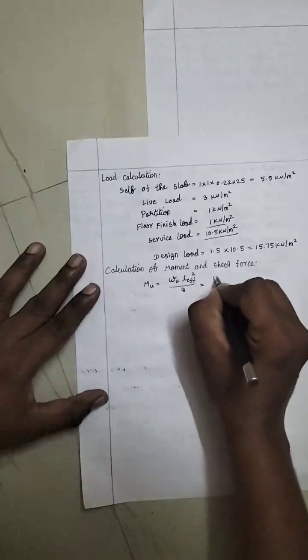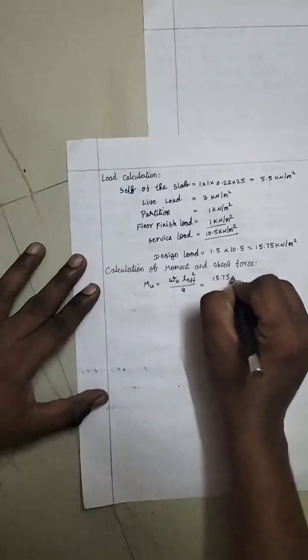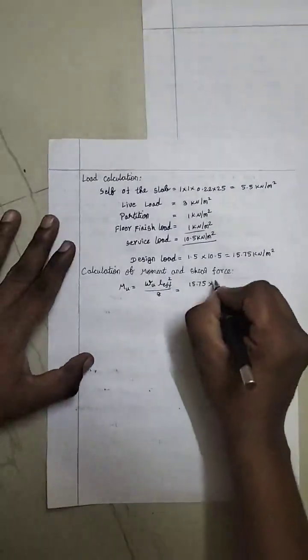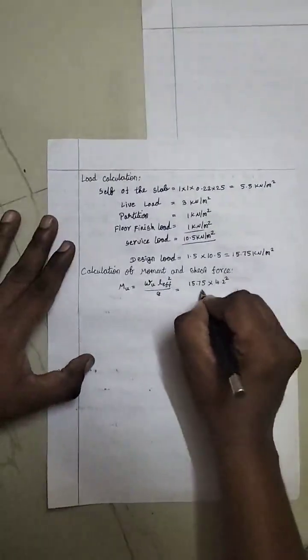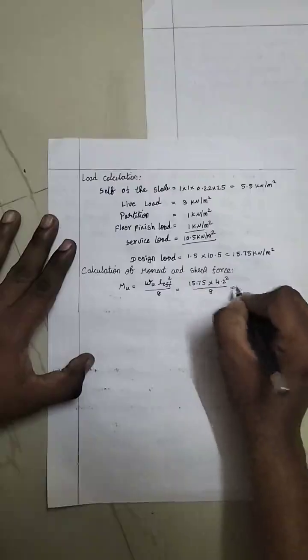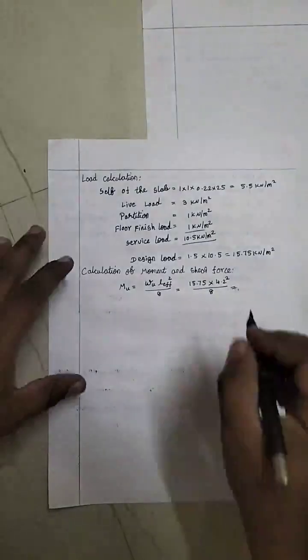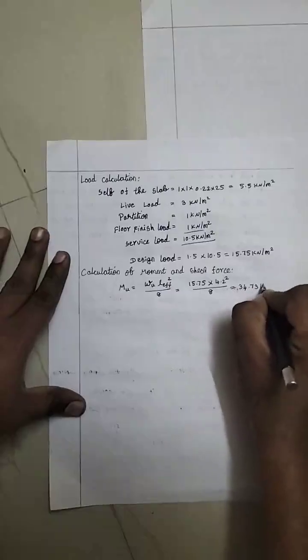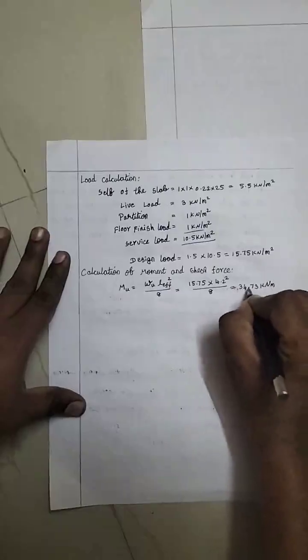So Wu value is 15.75, and the L effective value which we have calculated here is 4.2 meter. So 15.75 into 4.2 square divided by 8. The value which we are getting is 34.73 kilonewton meter.